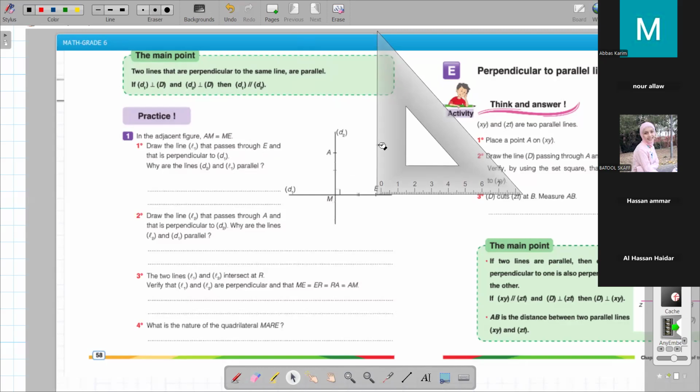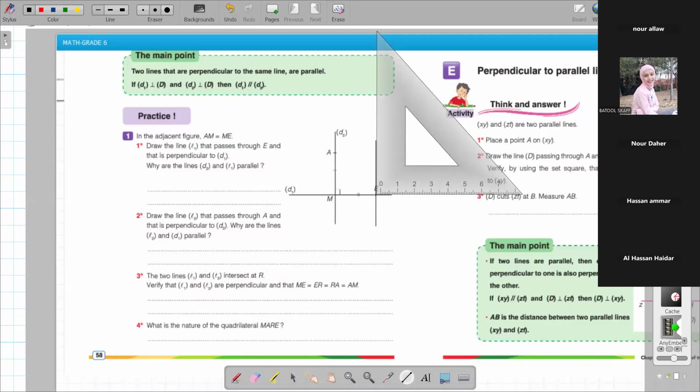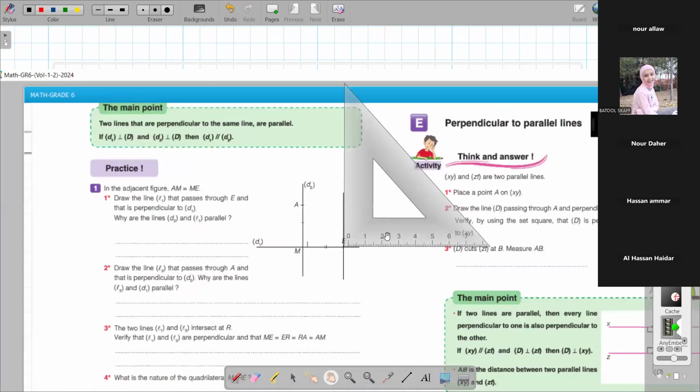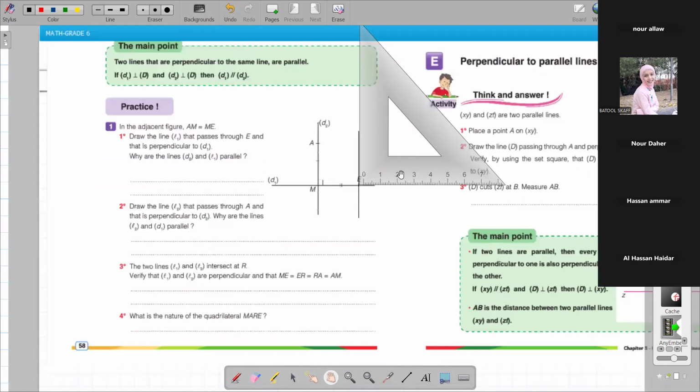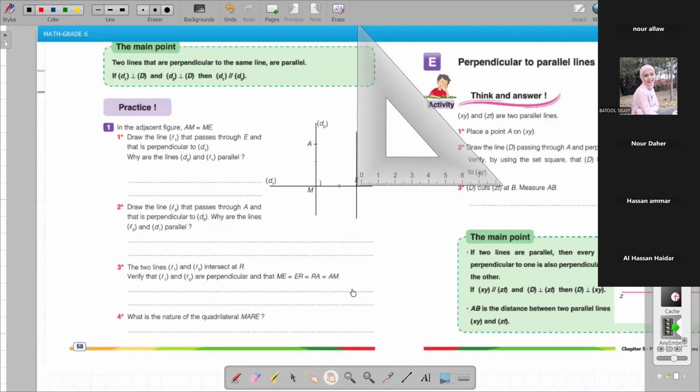Yeah, we're gonna draw it. Do it, everyone, with me. We're gonna draw the perpendicular line, just like that, passing through E and perpendicular to D1. So this is how we do the perpendicular.